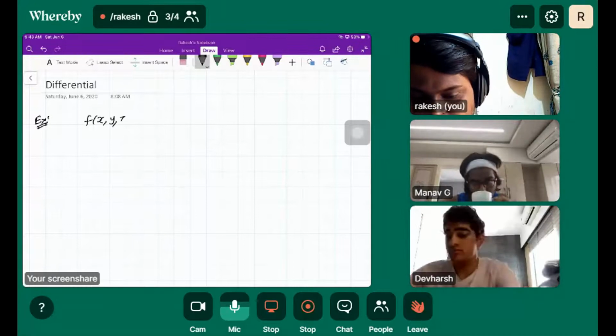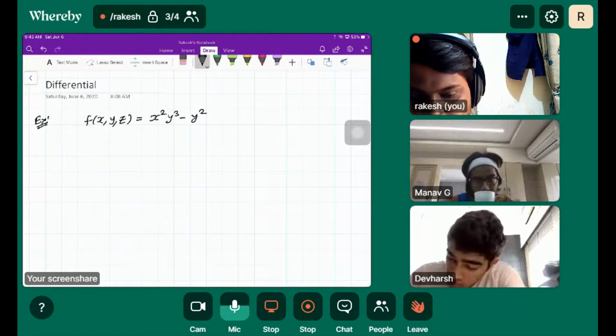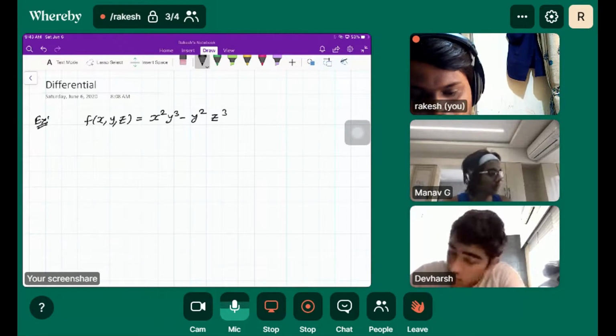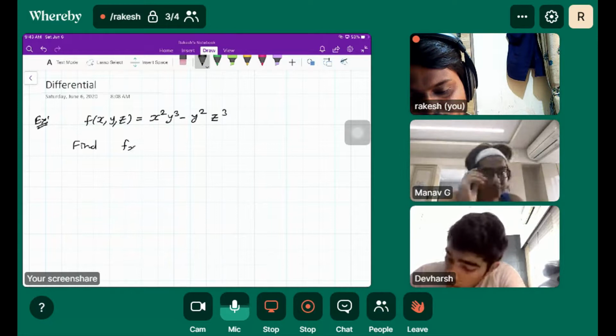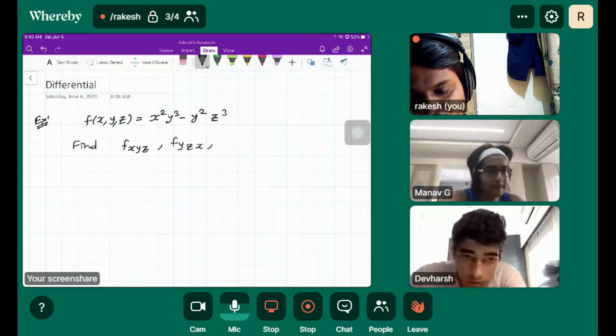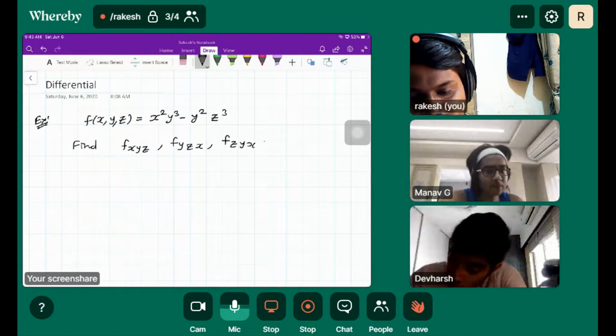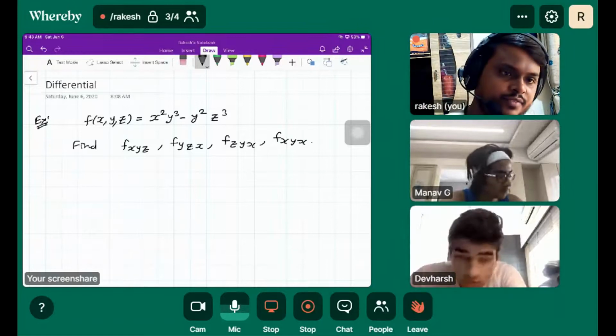Suppose this is the function f(x,y,z) = x squared y cubed minus y squared z cubed. You have to find f_xyz, f_yzx, f_zyx, f_xyx. Just do it quickly.